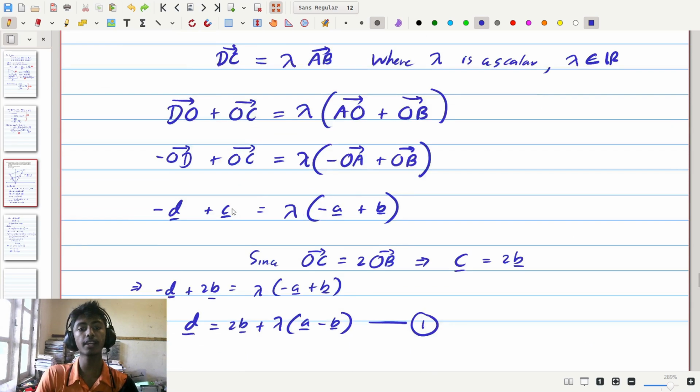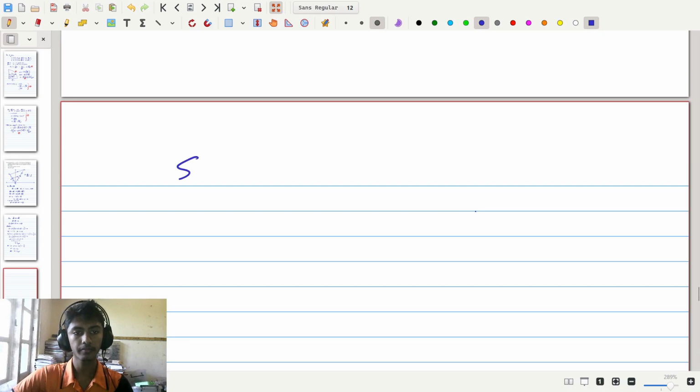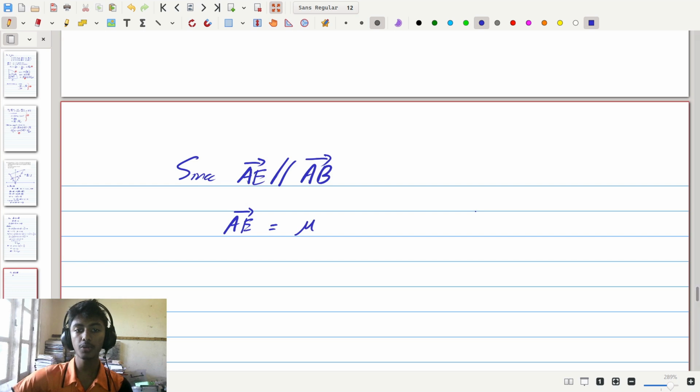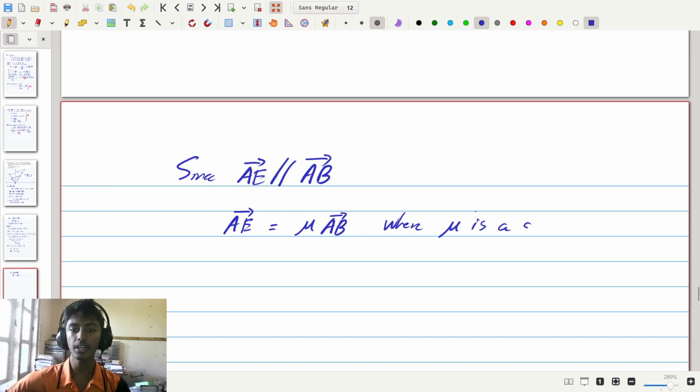So going down, we can say since AE vector is parallel to AB vector, we can say that AE vector must be equal to mu times AB vector, where mu is a scalar, and we can also say mu element of the real numbers.